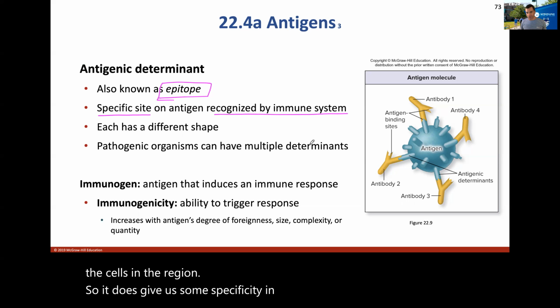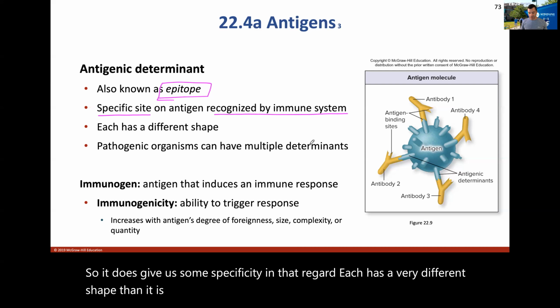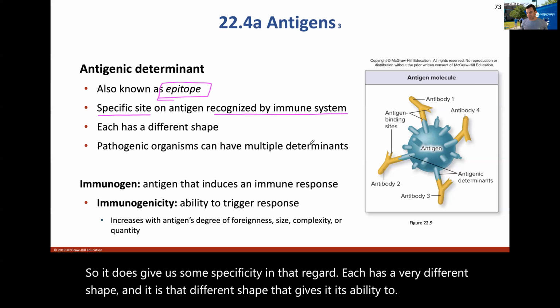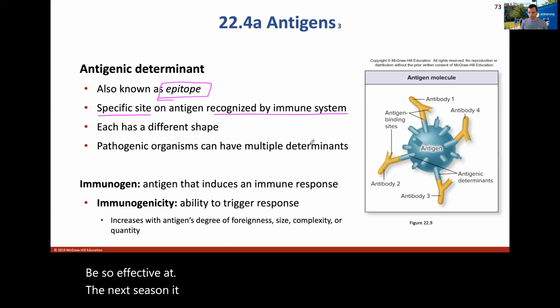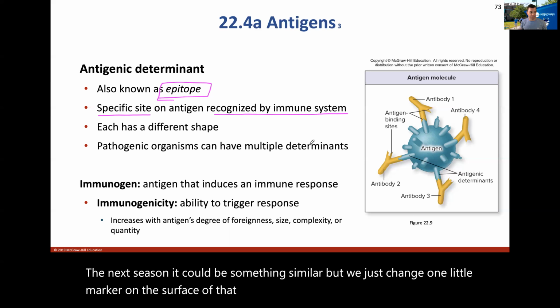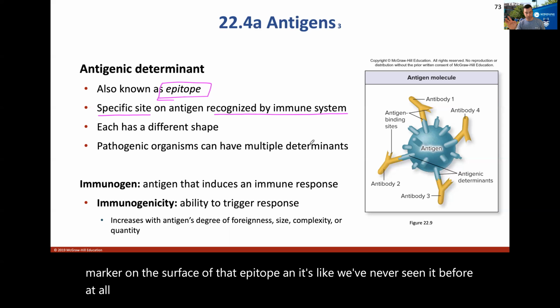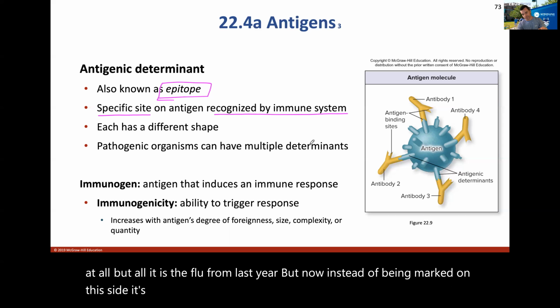Each has a very different shape, and it is that different shape that gives it its ability to be so effective at the next season. It could be something similar, but we just change one little marker on the surface of that epitope, and it's like we've never seen it before at all. It's the flu from last year, but now instead of being marked on this side, it's marked on this side.